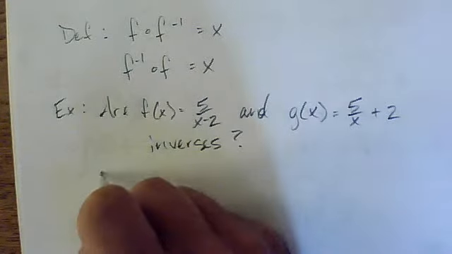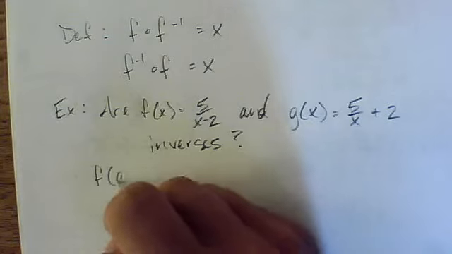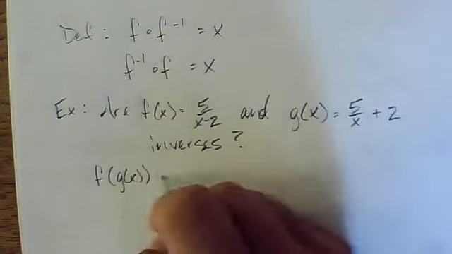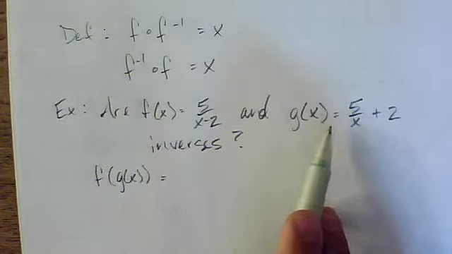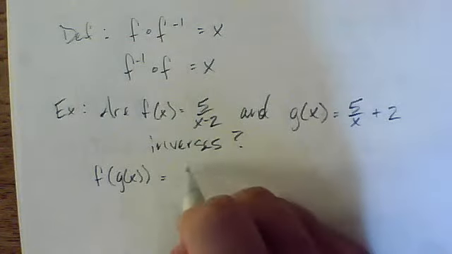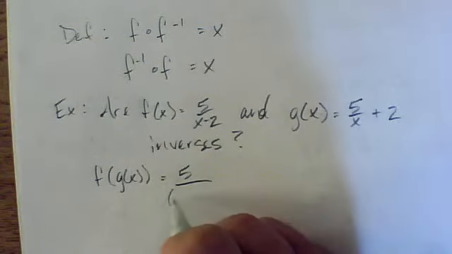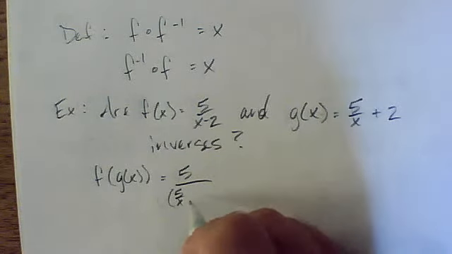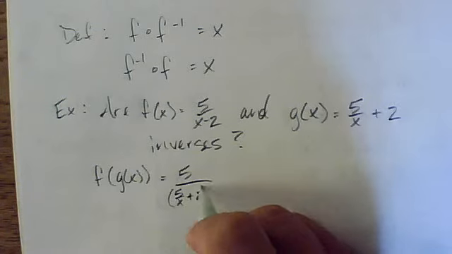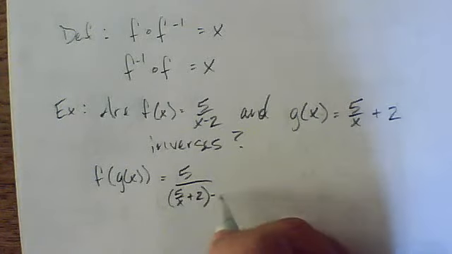We're going to find f of g first. So I'll take the g function and I'll plug it into the f function. So 5 over, instead of x, I'm going to get 5 over (x plus 2). Remember, when you sub that in, you definitely want to use parentheses.